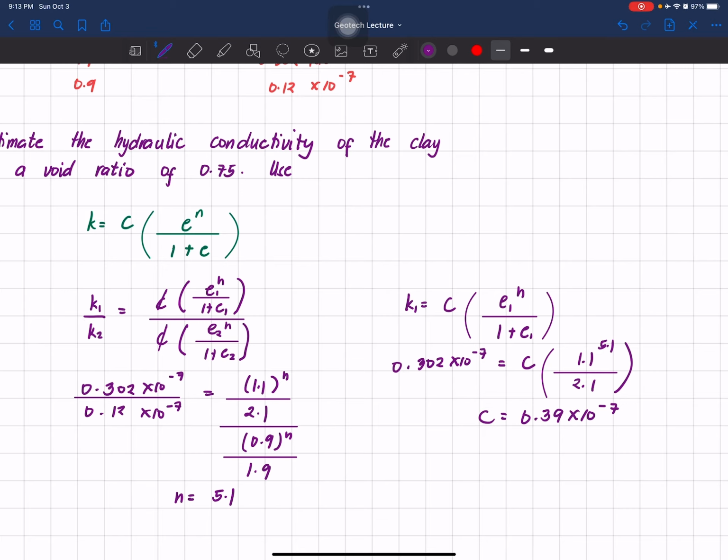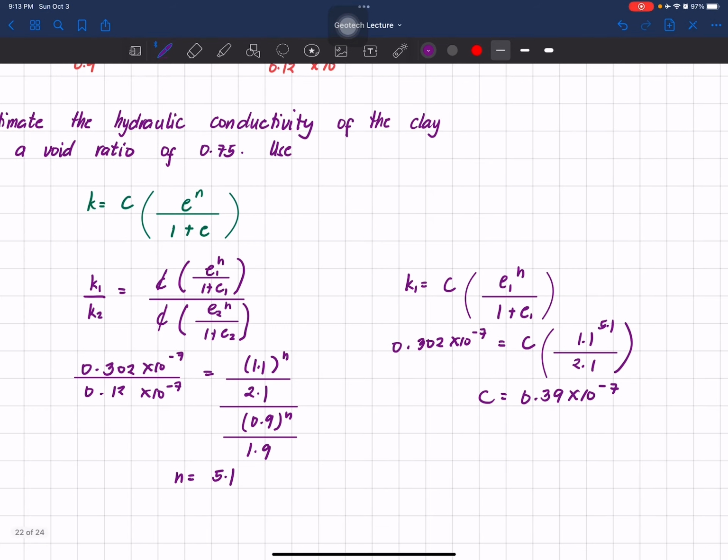Now, we can compute for the hydraulic conductivity when the void ratio is 0.75. Okay? So, K at 0.75 is now equal to C 0.39 times 10 to the negative 7 multiplied by 0.75 raised to 5.1 all over 1.75. Ayan.